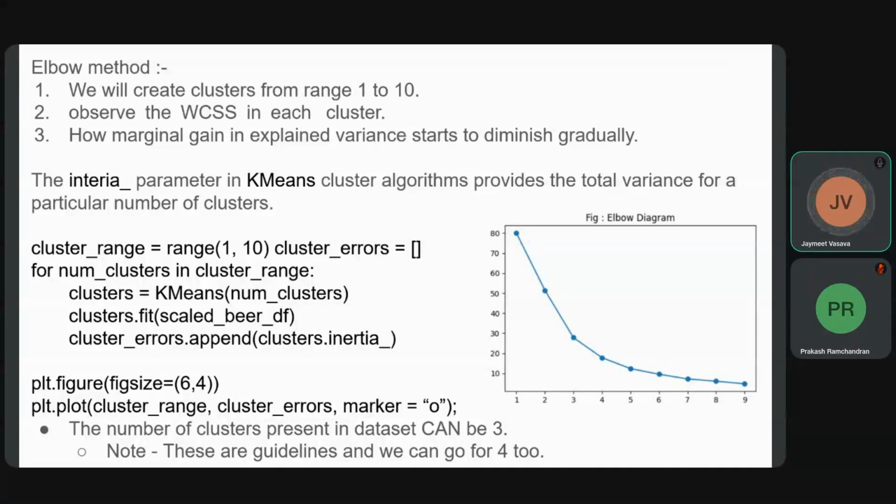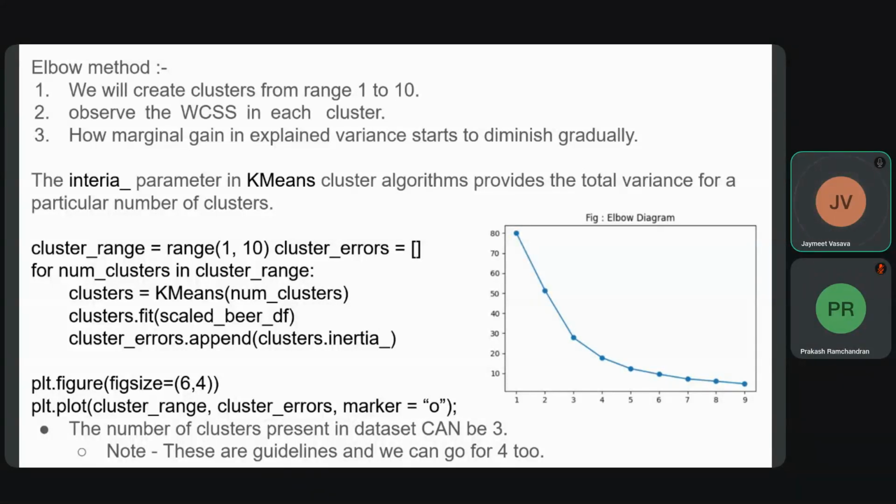So with the help of a for loop, we'll loop through 1 to 10 and get those parameters using the inertia.